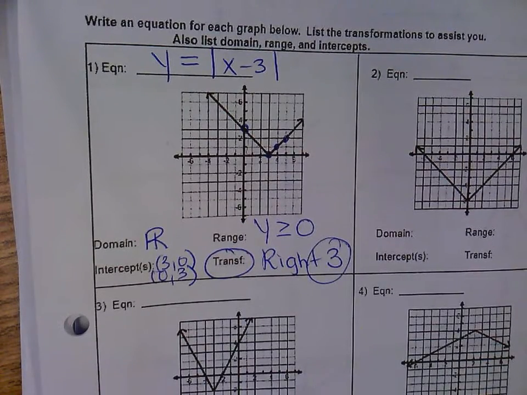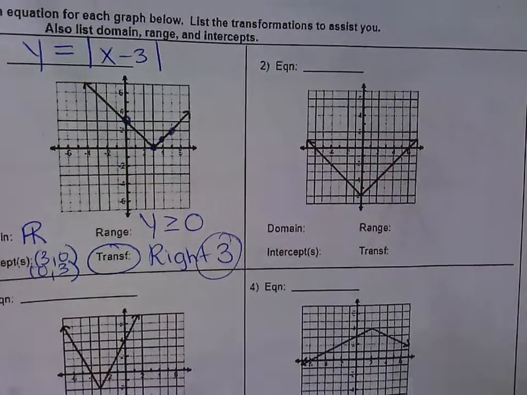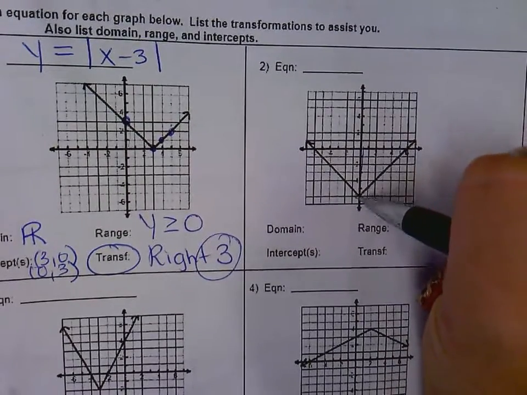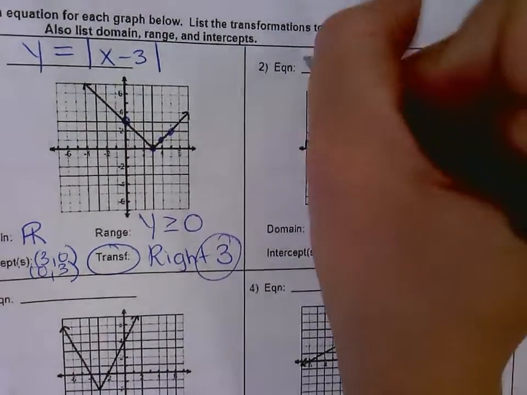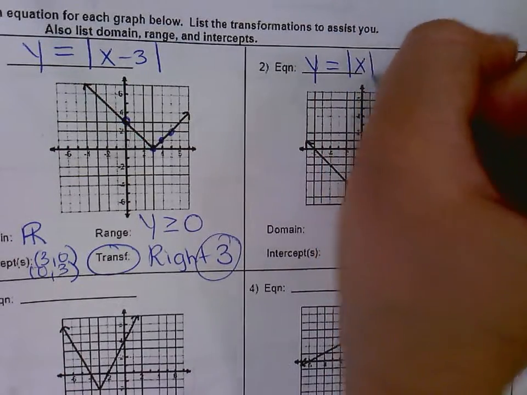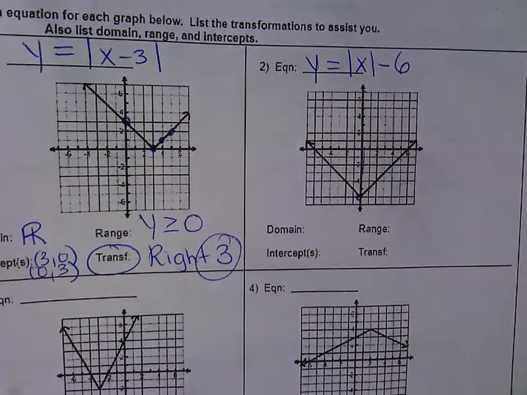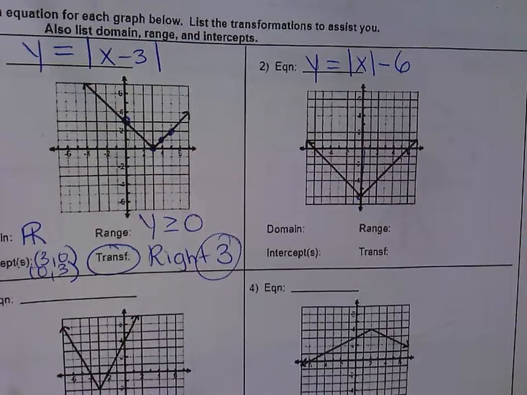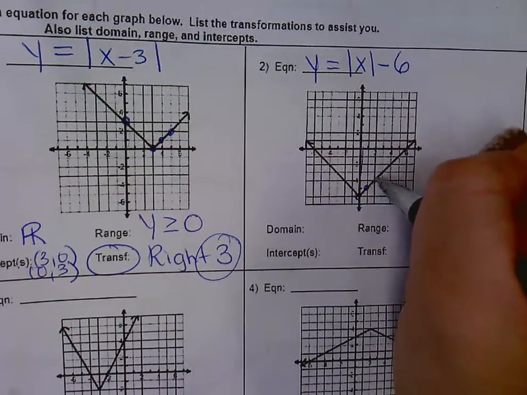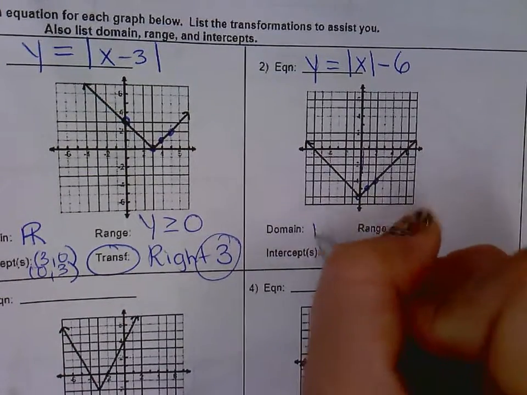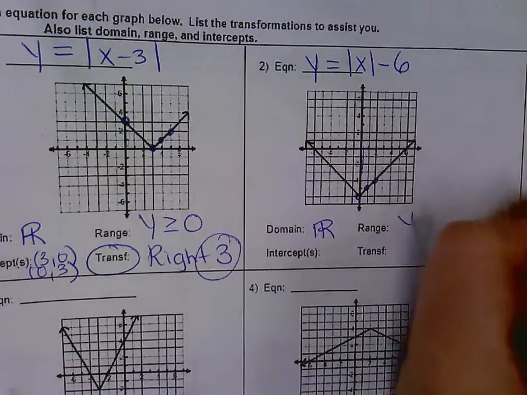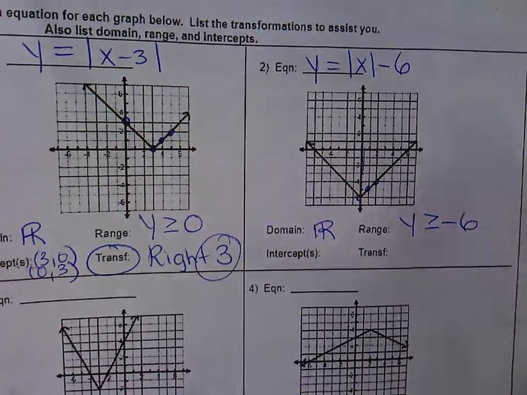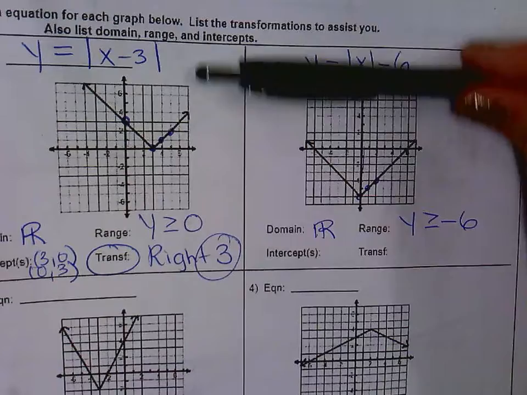Okay, my equation has gone just down 6. So I should have absolute value of x minus 6 to go down 6. Does that sound right? I can check that the slope is still just 1. My domain would be all real numbers. Y would have to be greater than or equal to negative 6.